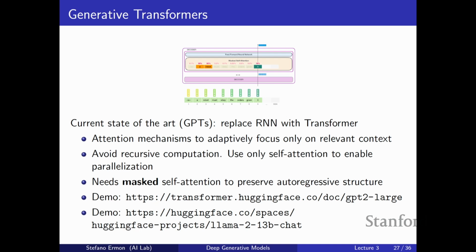You can see some of the demos of systems like GPT-2, 3, 4 that we've seen in the first lecture, the amazing LLMs that everybody's talking about, Llama, and other systems available online that you can play around with.